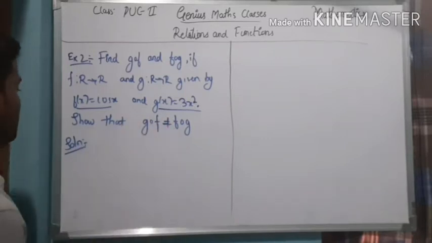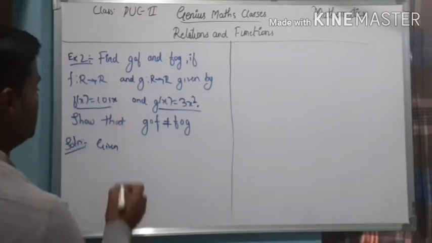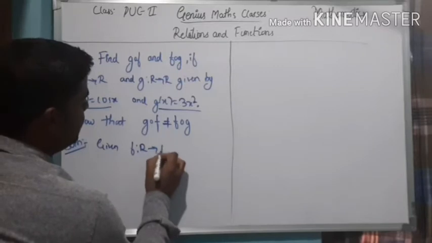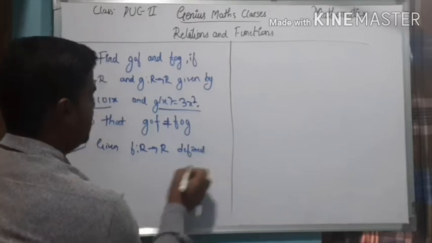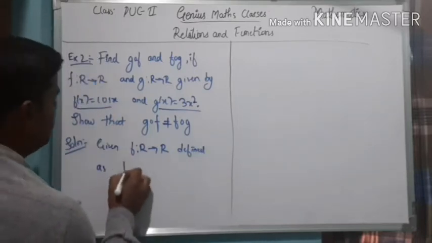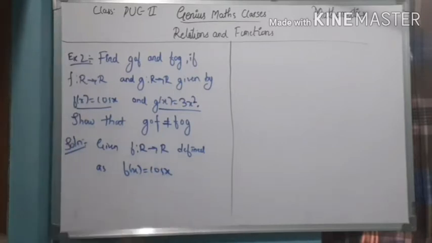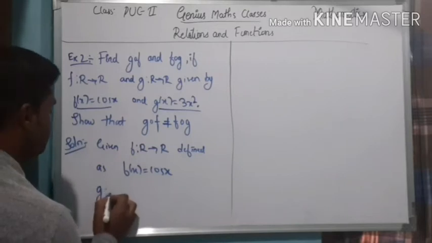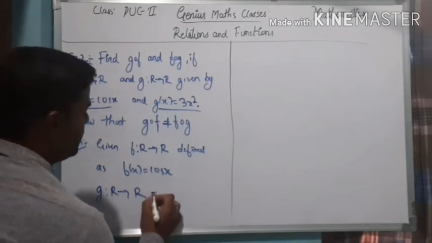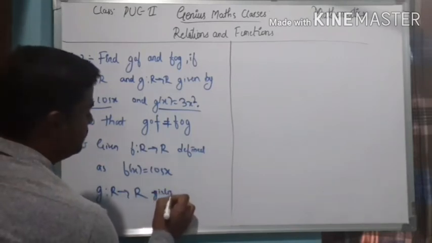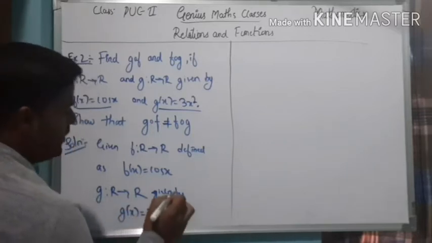So let me solve the example. Solution. What is given? The function f from real numbers to real numbers is defined as f of x equal to cos x. Another one is g. g is defined from R to R and is given by g of x equal to 3x square.